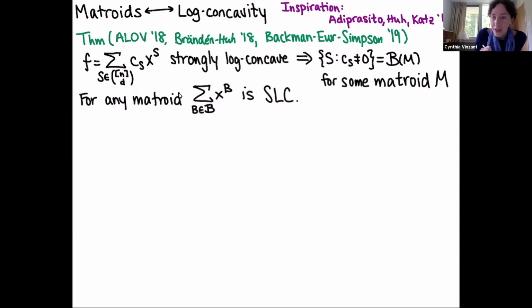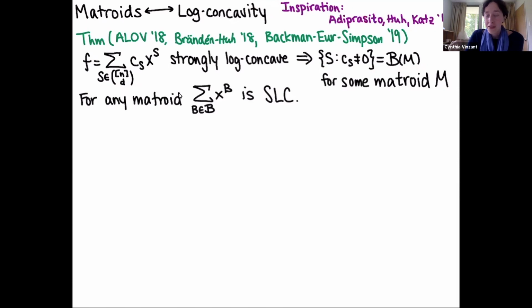If you have a polynomial with this support that has this property of being strongly log concave, then the subsets that show up with non-zero coefficients actually have to be the bases of some matroid. So this property of strong log concavity actually enforces this matroidal constraint.